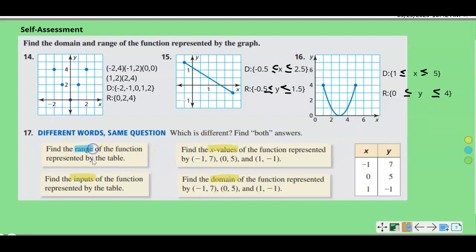The range is your outputs, your y values, not your inputs or x values. So find the range of the function represented by the table is different than these others.